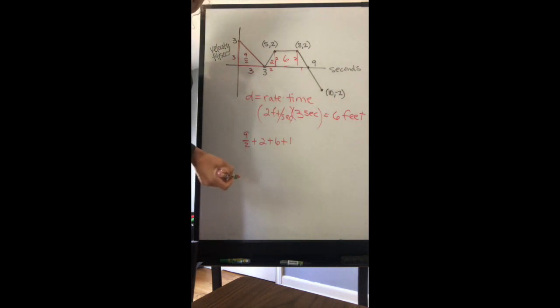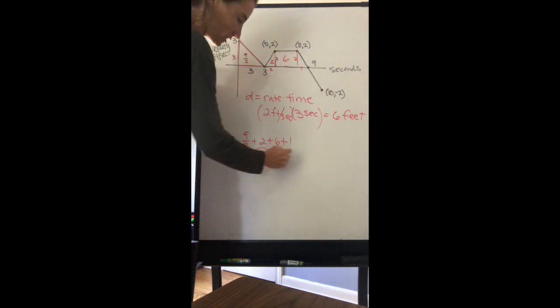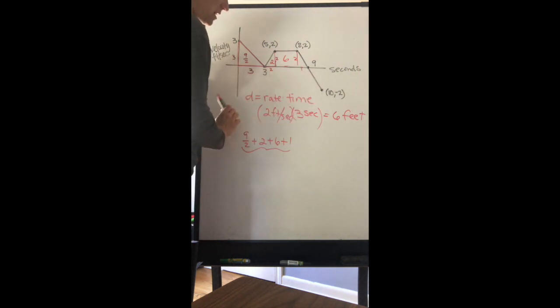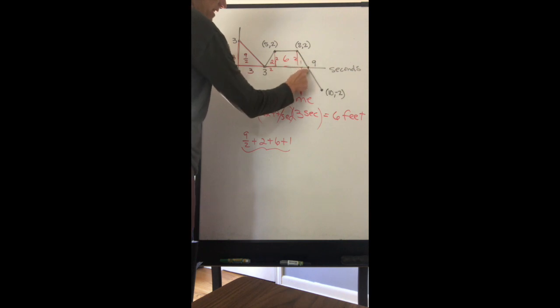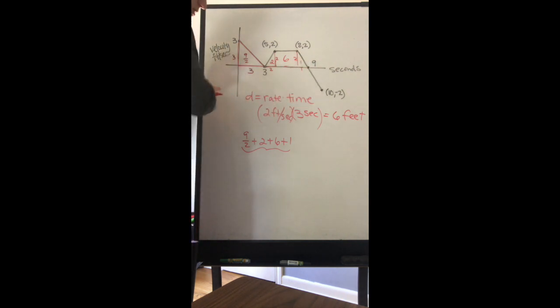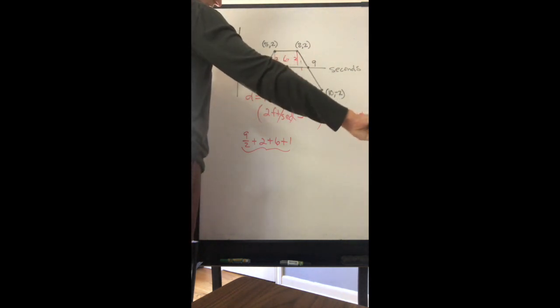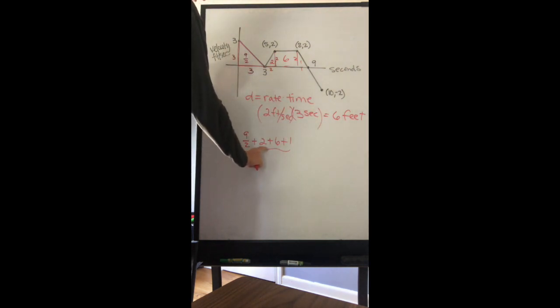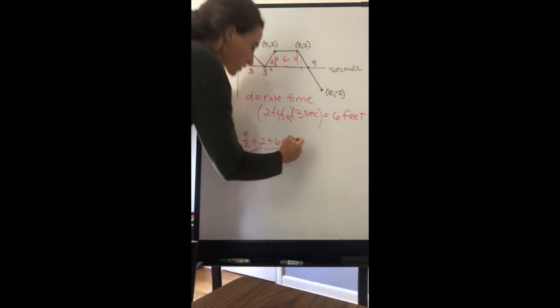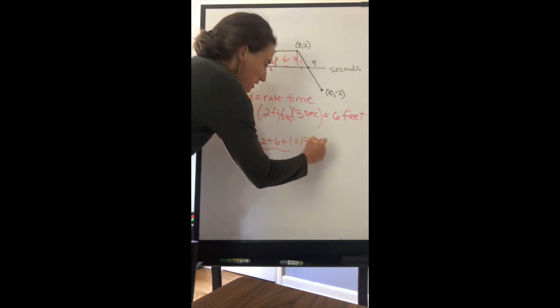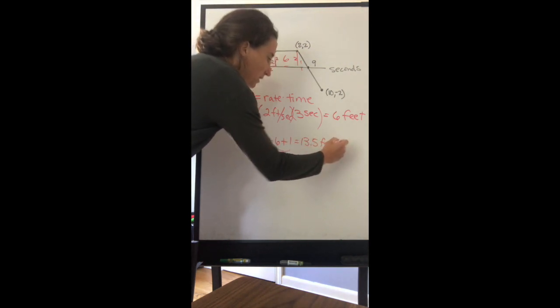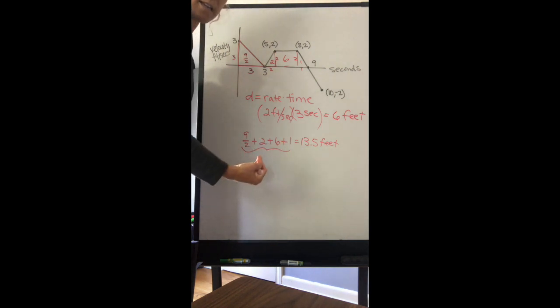And now what's interesting here, this is how far she's moving away from the house. And we said after the 9 seconds, she starts to come back. So let's see after 9 seconds how far she got away. I've got 2 plus 6 plus 1, so there's my 9 plus 4.5. So she made it 13.5 feet away, but then started to come back.